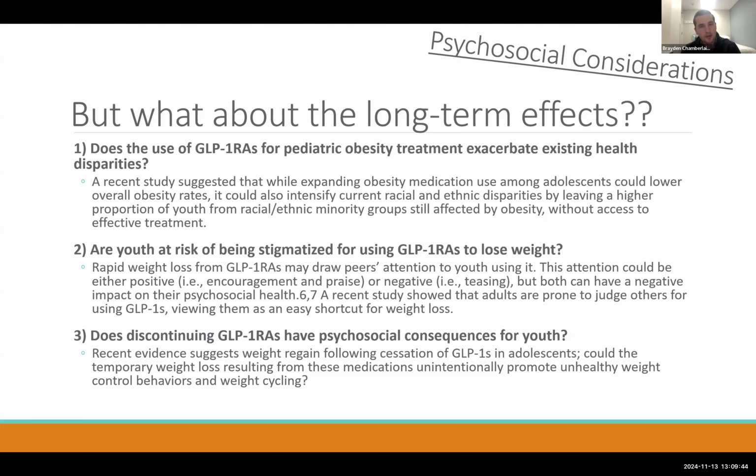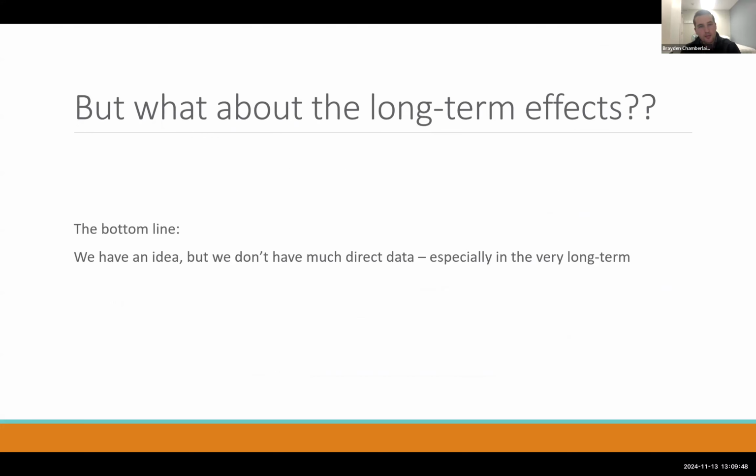So these are counterpoints to what the AAP article recommends. But the bottom line is, as far as true long-term benefits or risks, we don't have that much direct data, just because all of these interventions are relatively new, especially in children and adolescents.